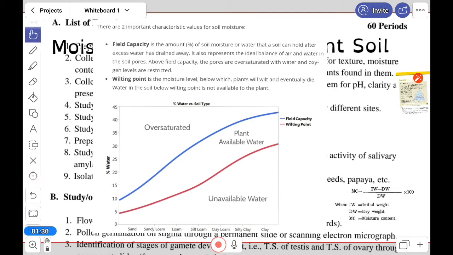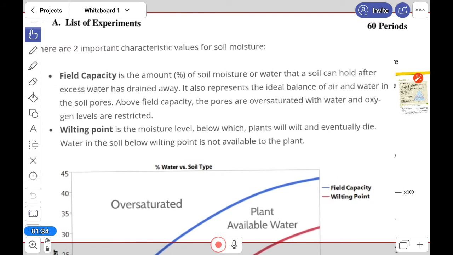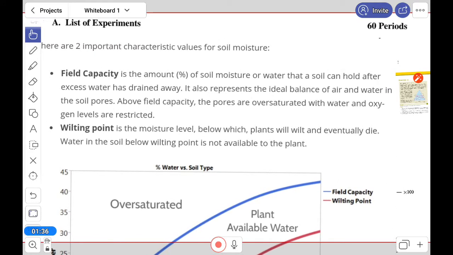Okay, making it a little bit larger in size. It also represents the ideal balance of air and water in the soil pores. It should not be that water occupies all the space and there is no air, or the opposite, only air and no water.